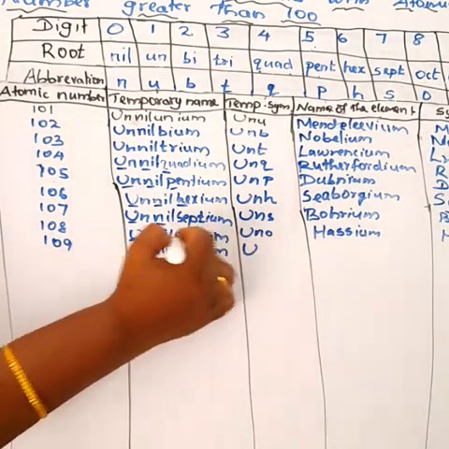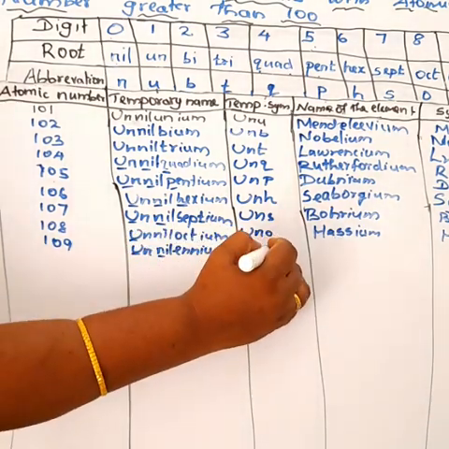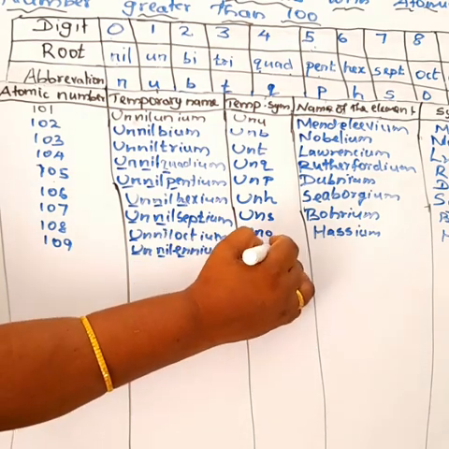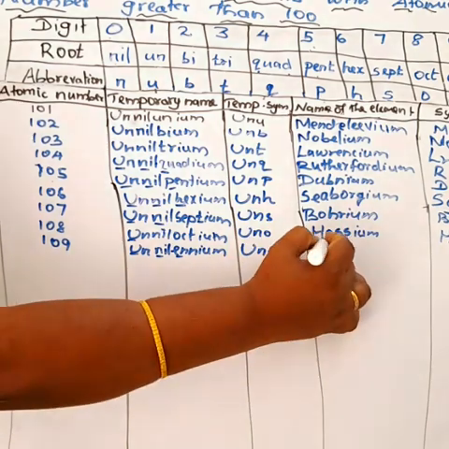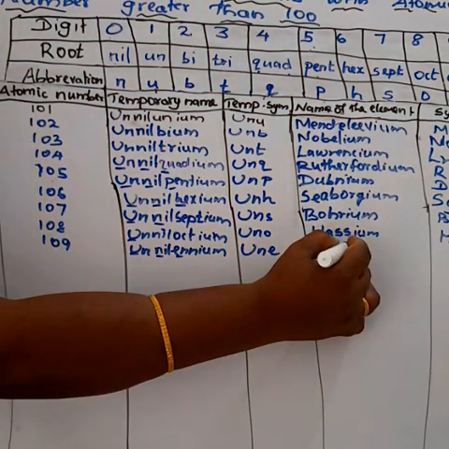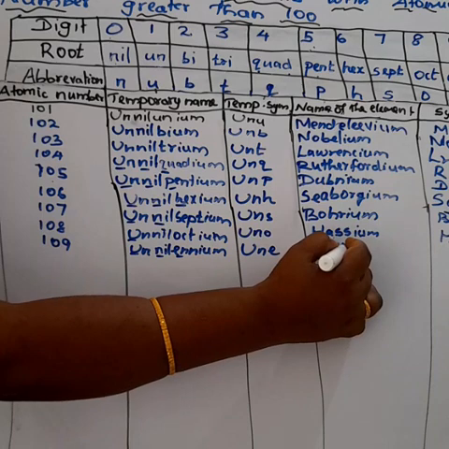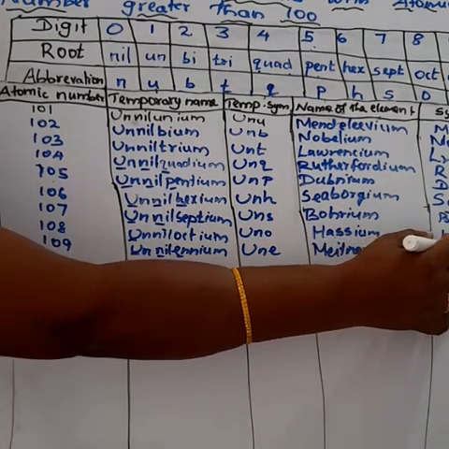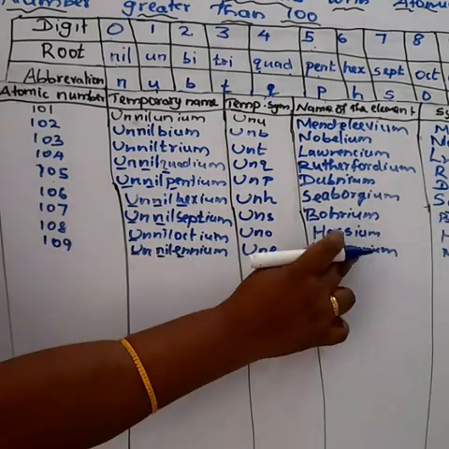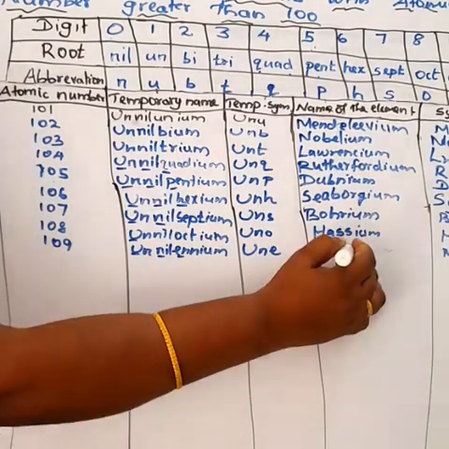U for un, N for nil, and E for enn. Okay, and what is the element name? 109 atomic number. Meitnerium. Symbol Mt. Okay, understood?